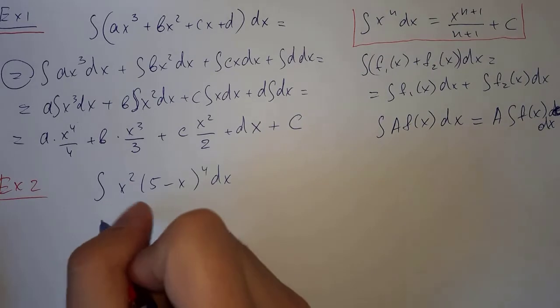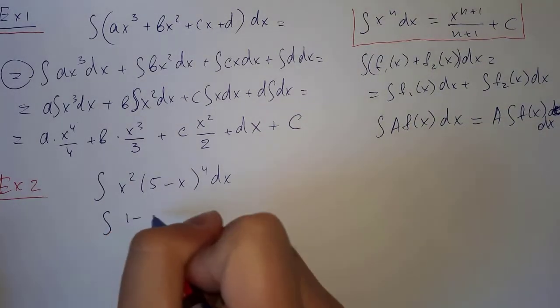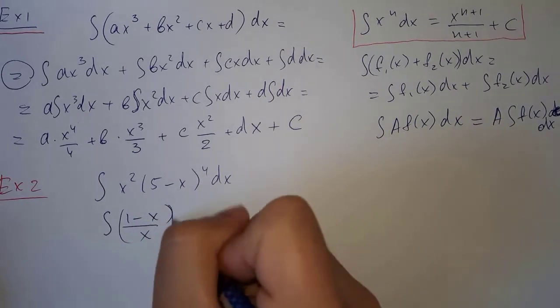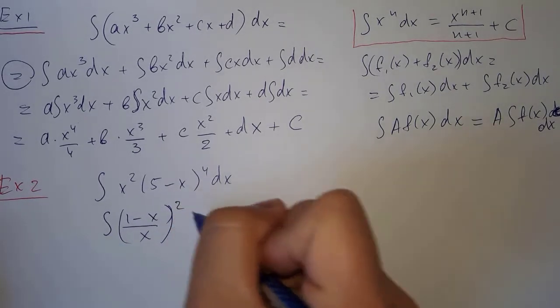So the integral of (1 minus x) over x to the power of squared, dx.